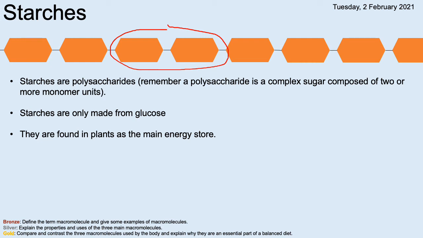And there are 2 forms of starch as well. There's amylose. It's going to be really hard to write this very long word in a minute. So you've got amylose and amylopectin, which is going to be very hard to write. Bear with me.